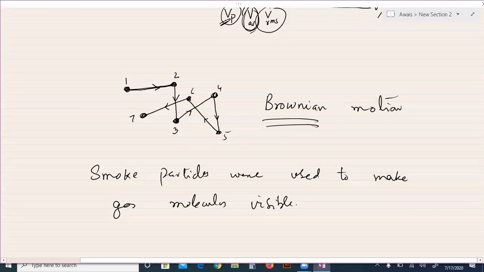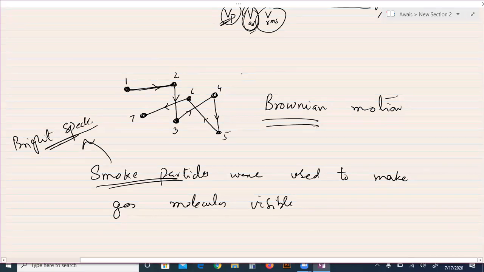The smoke particles are greater in size but smaller in mass compared to the air molecules. When light is focused on the smoke particle, after reflection it will appear like a bright speck.